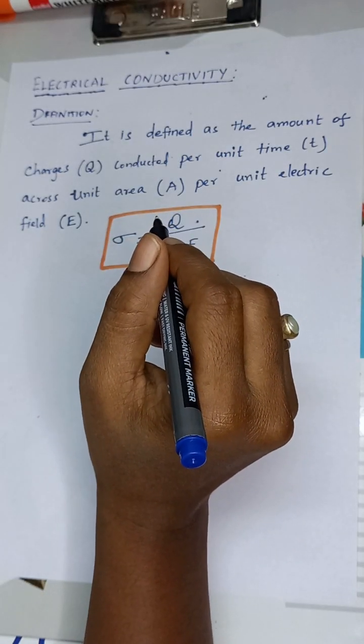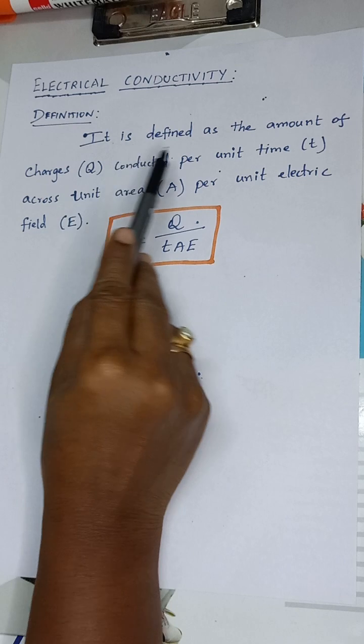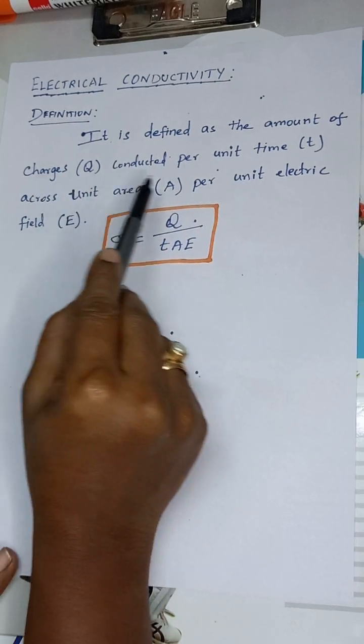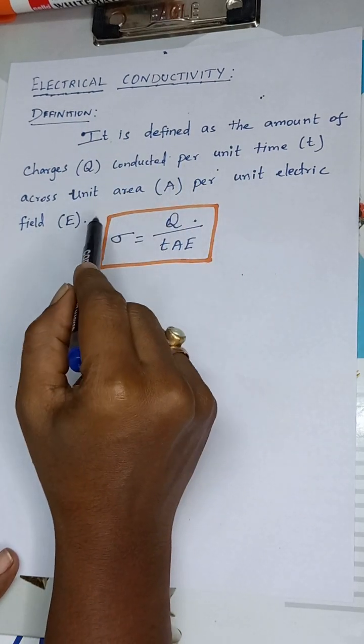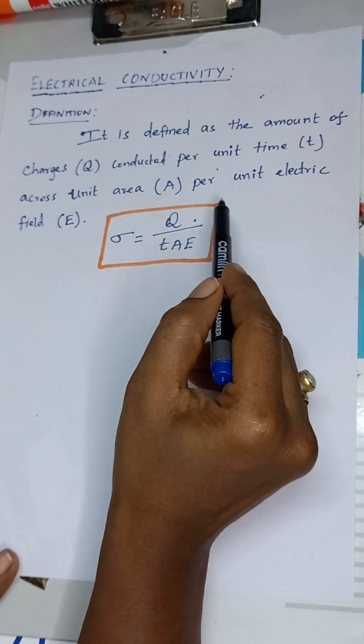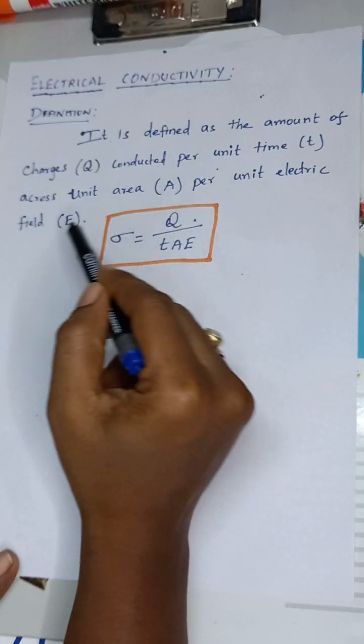Let us see electrical conductivity. It is defined as the amount of charges conducted per unit time across unit area of cross section per unit applied electric field.